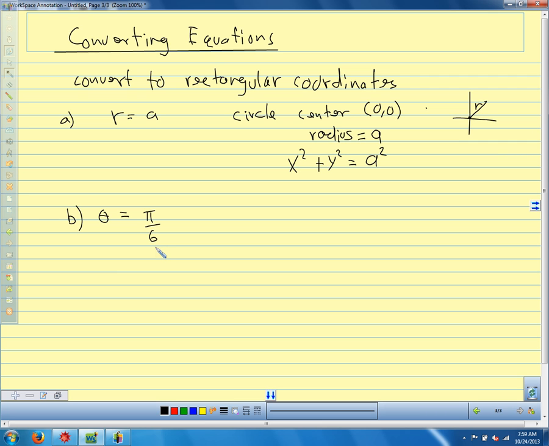So for any radius, we're at theta equals pi over 6. And what would the slope of the line be? Tangent of pi over 6. The tangent theta is y over x, rise over run. So this is a line through the origin.